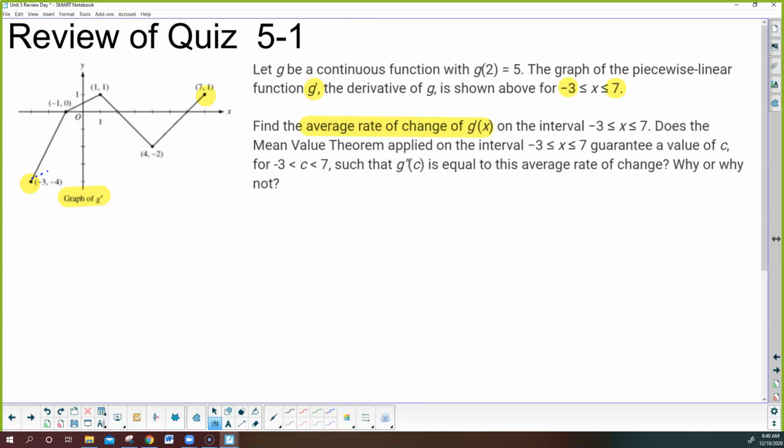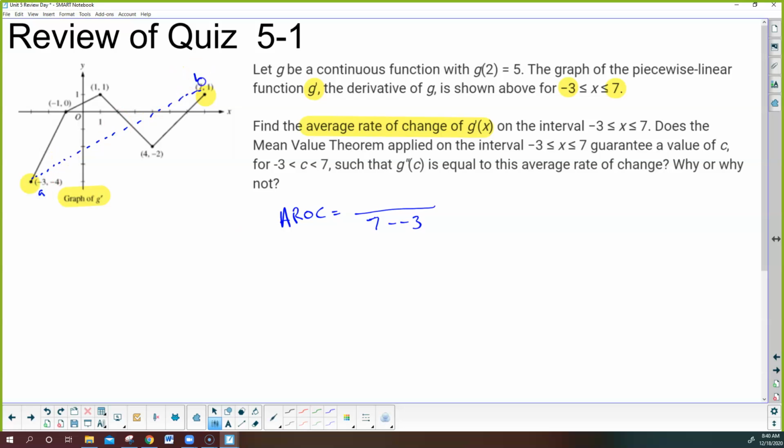So if I found the average rate of change, that would be the slope of that blue dotted line, and that was the first thing they asked for. So I'm going to take 7 minus -3, that's my x values, right?